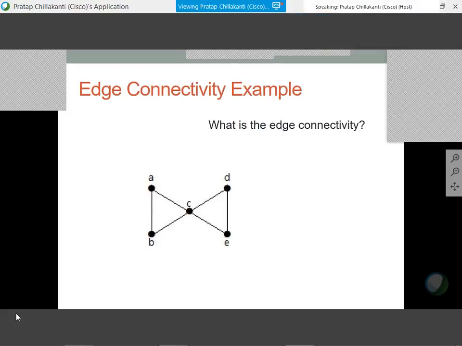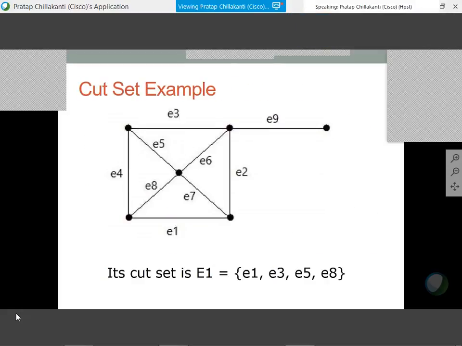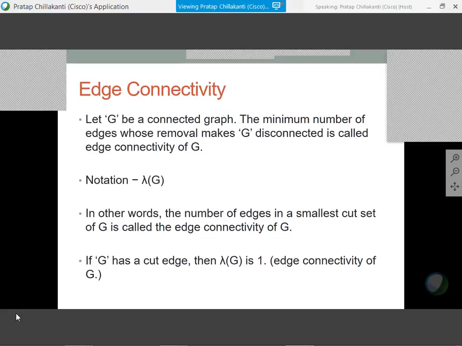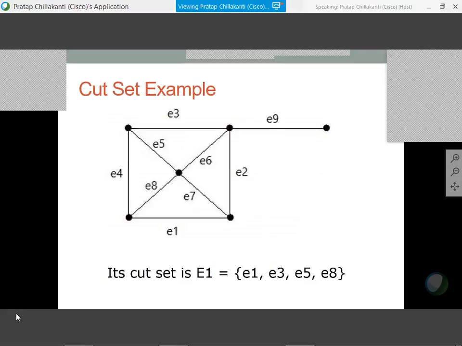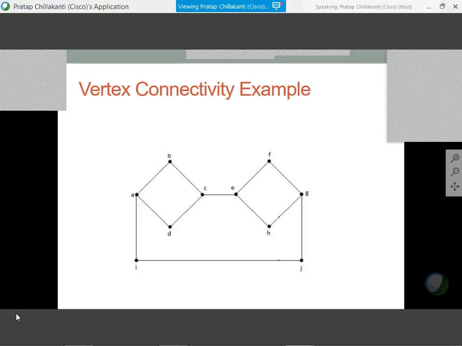See, what happens here is, if you look at the edge connectivity, by removing the edge, the graph is definitely disconnected. Because you can see, when I remove the edge, there's no way to cover all the vertices. So here, what are you saying?